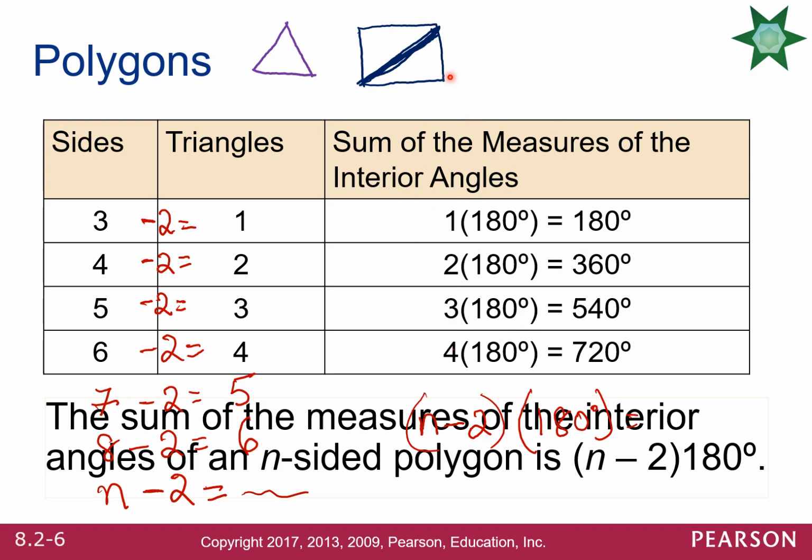So in a square or a rectangle, which is a figure with four sides, the number of triangles you can expect is 4 minus 2, which is 2, and the sum of all the angles in a four-sided figure is 2 times 180 degrees, which is 360 degrees, right?